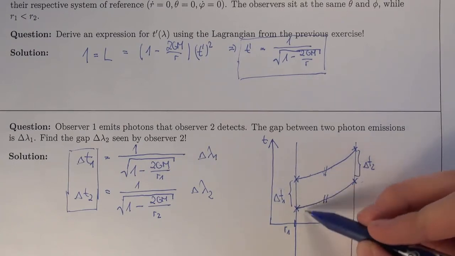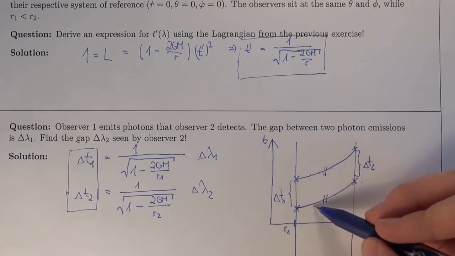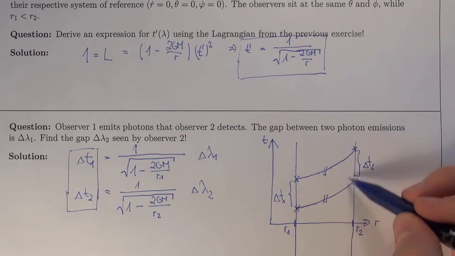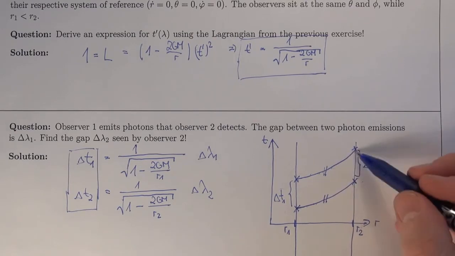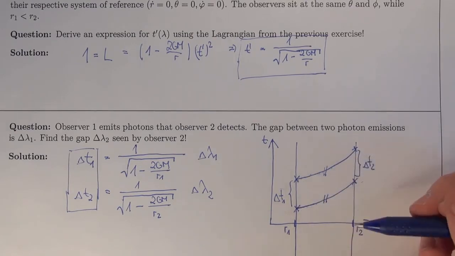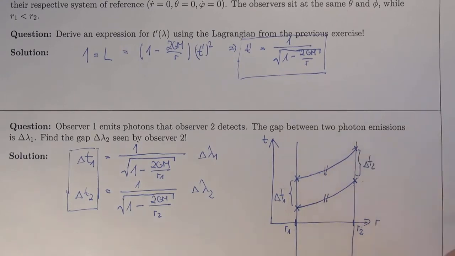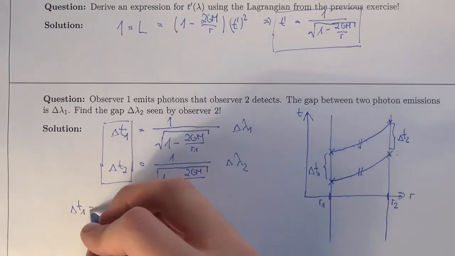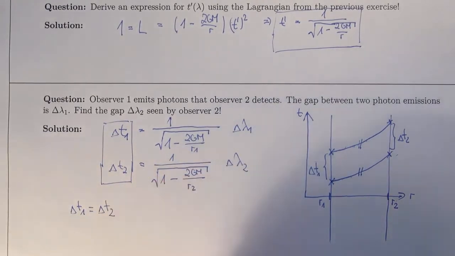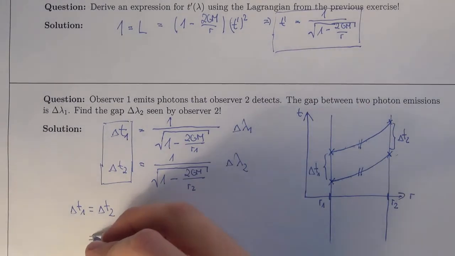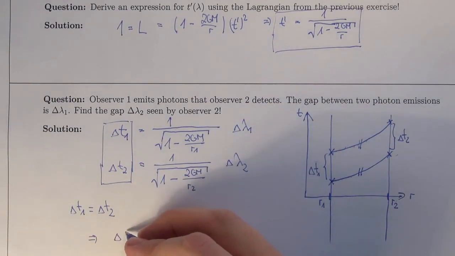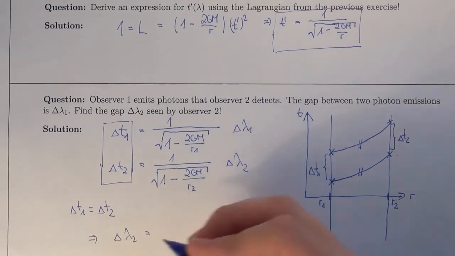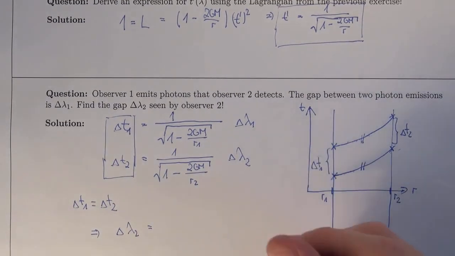If the distance in spacetime between every 2 points that have the same r is always delta t1, then delta t1 is obviously equal to delta t2. Okay, this is good.